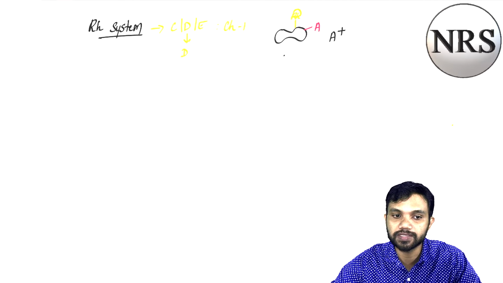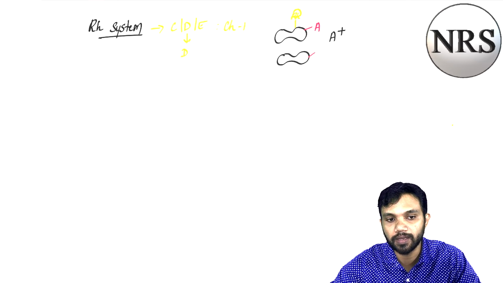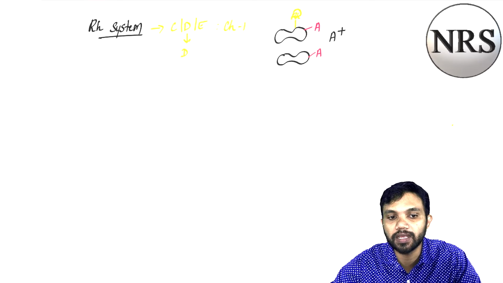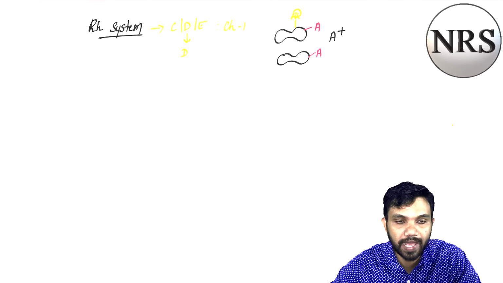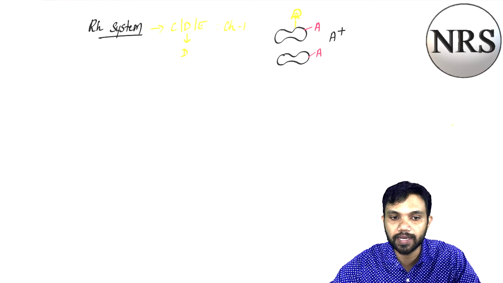If one more RBC is there with A antigen, but it does not have this D antigen, then it will be called A negative.